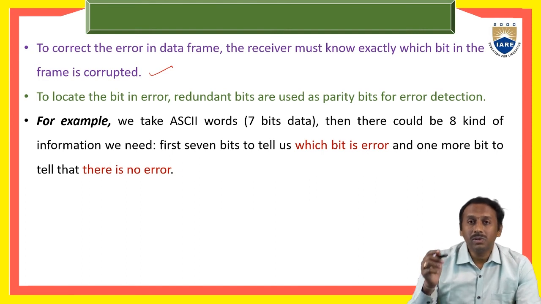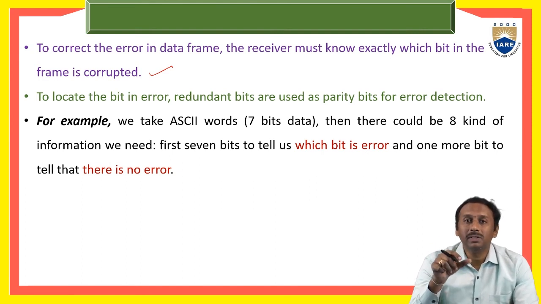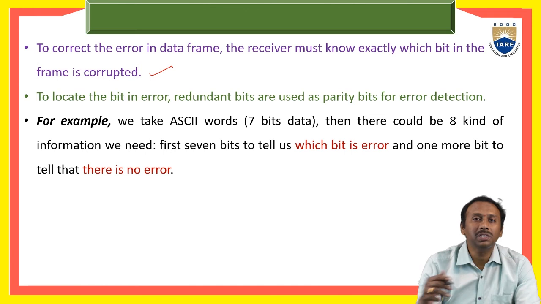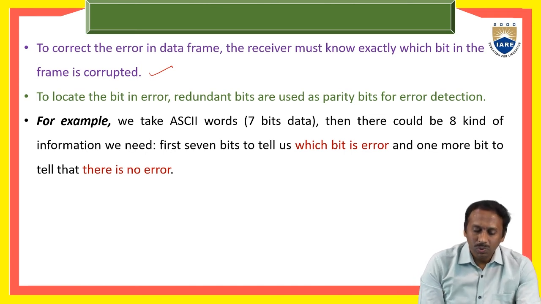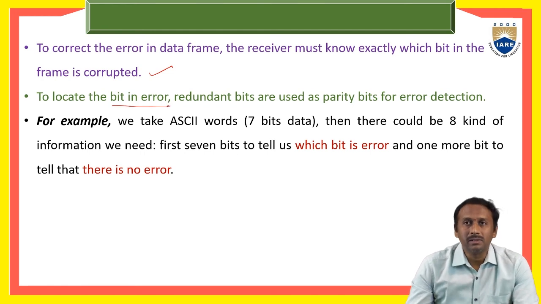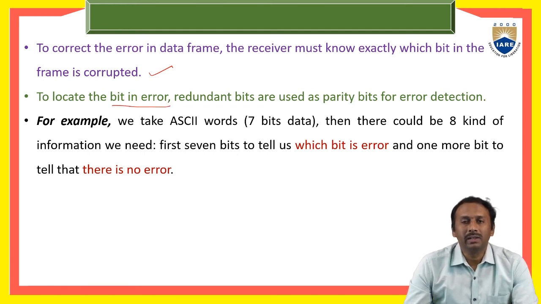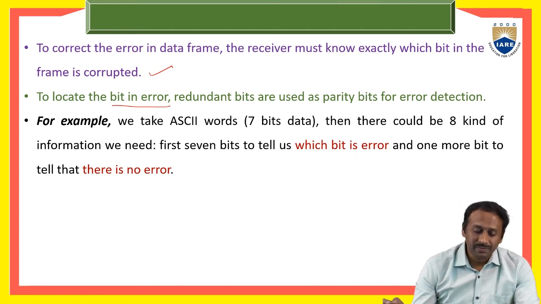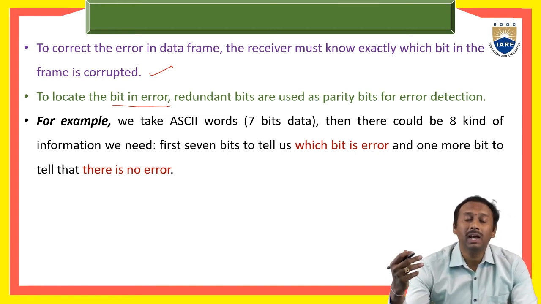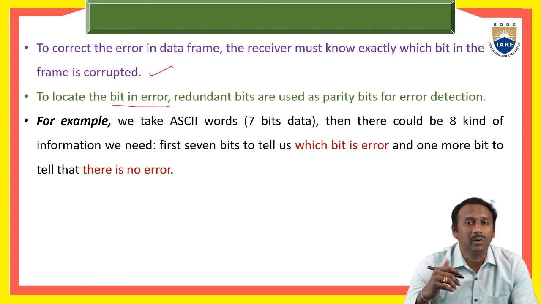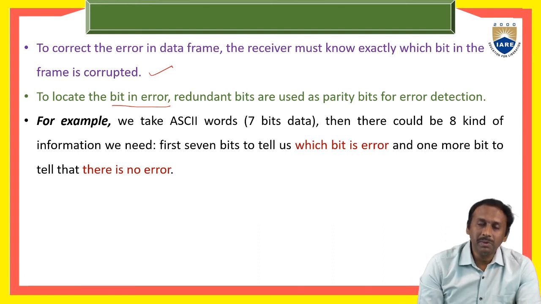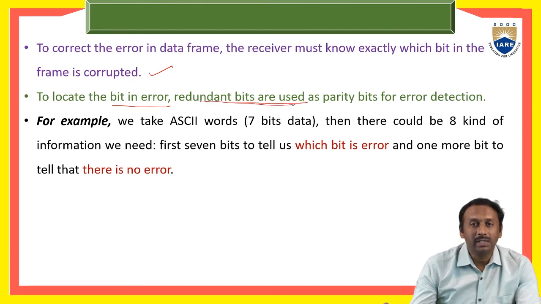Whenever the receiver knows exactly that a particular data frame has an error, only then can it send an error message to the sender. To locate that bit error, redundant bits are used as parity bits for error detection. This is possible with the redundant bits used in data transmission.